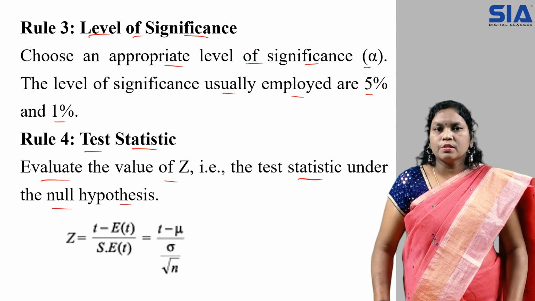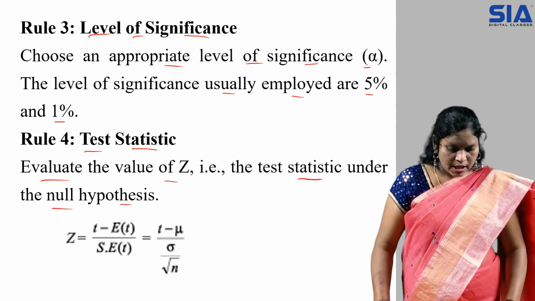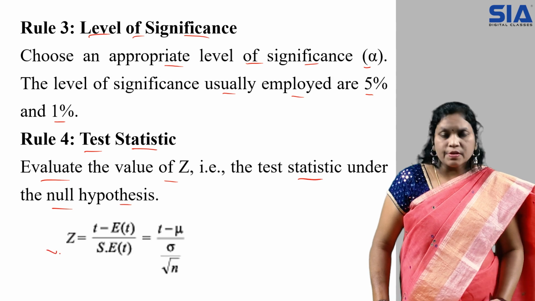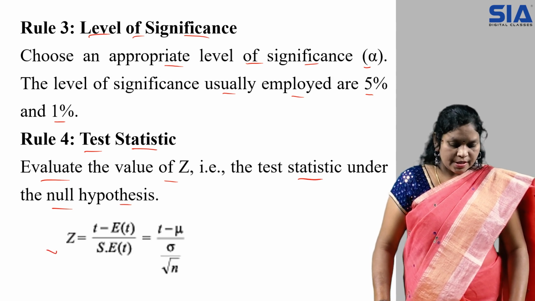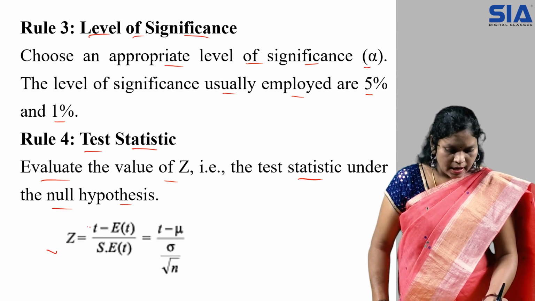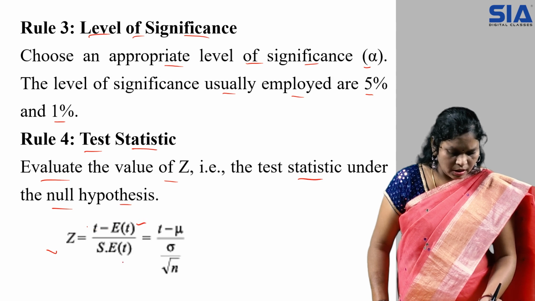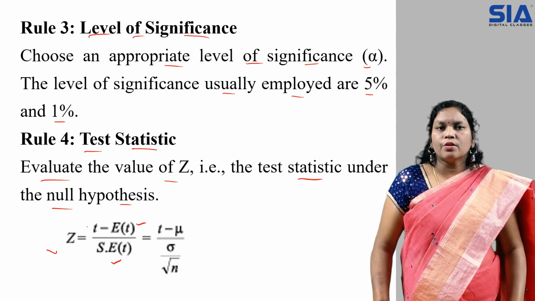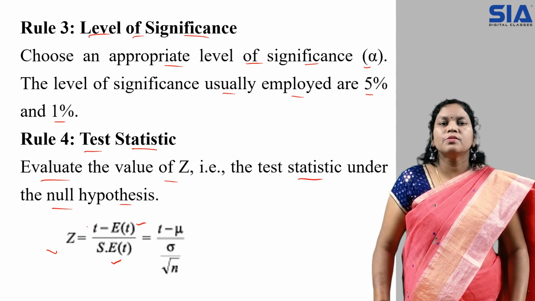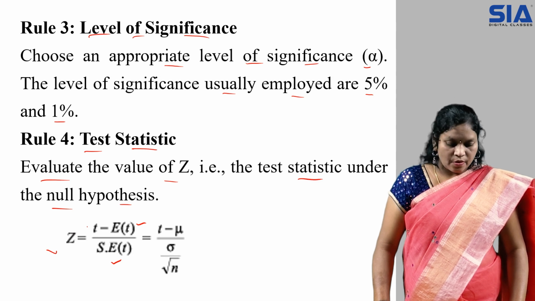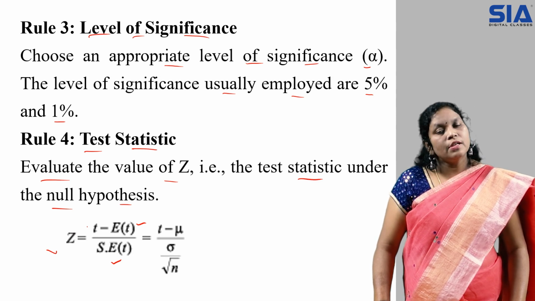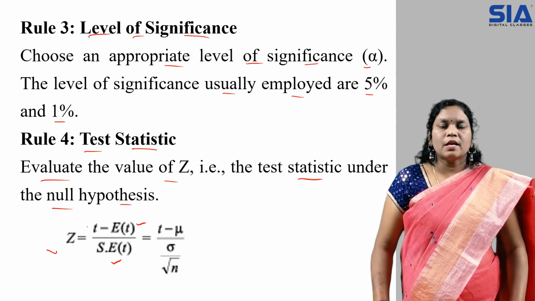So under the null hypothesis, we'll always be writing test statistics. We'll always consider z for large samples. So z is equal to t minus the expectation of t divided by the standard error of t, which is your standardized formula. This formula will be utilized for all the different types of data.